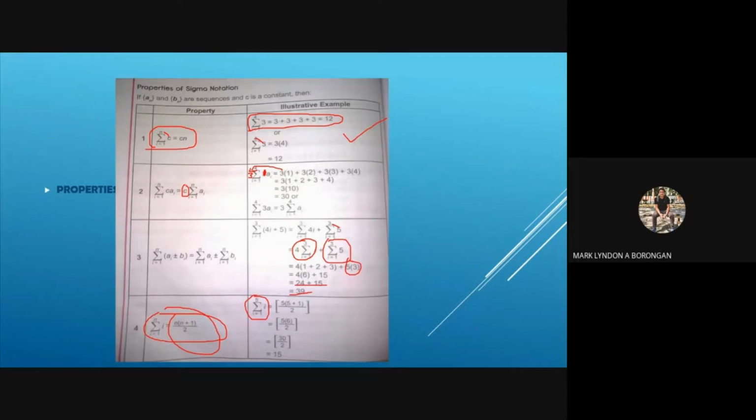So n times n plus 1 becomes 5 times 5 plus 1, which is just equal to 5 times 6 divided by 2. 5 times 6 is 30, and 30 divided by 2, you'll get 15. That's all. So you have a formula for constants, which is property 1, and one for variables, which is property 4.